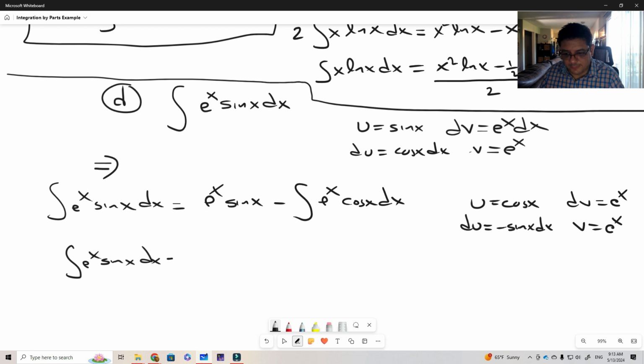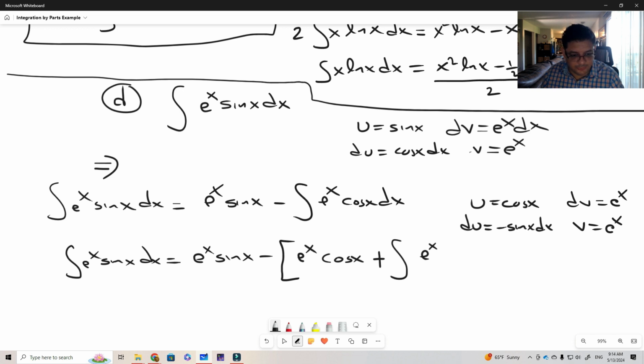The integral of e to the x sine of x is equal to e to the x sine of x minus, and then we're going to have u times v, so e to the x times cosine of x, minus v du, so e to the x, and then du is minus sine of x dx, so plus with that minus, and I get this one.